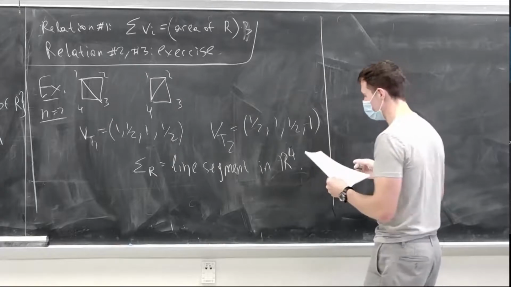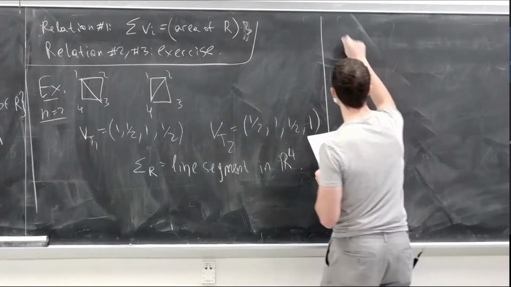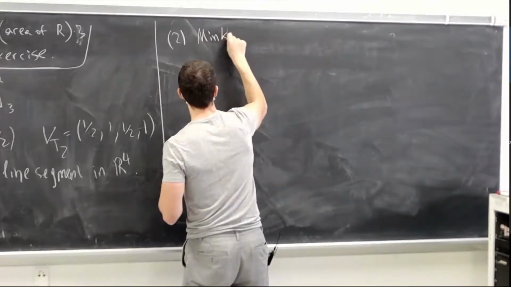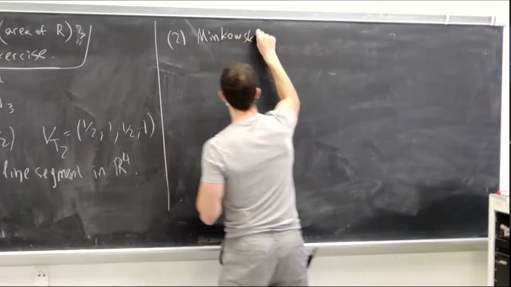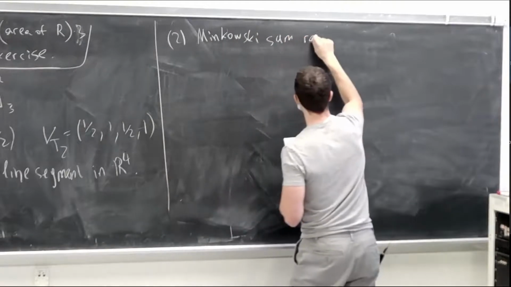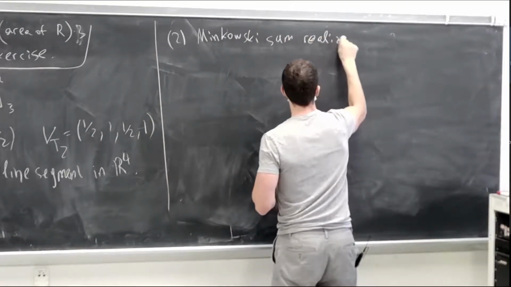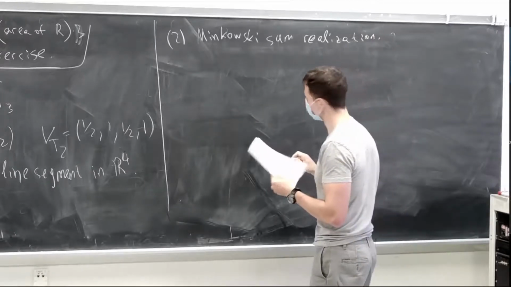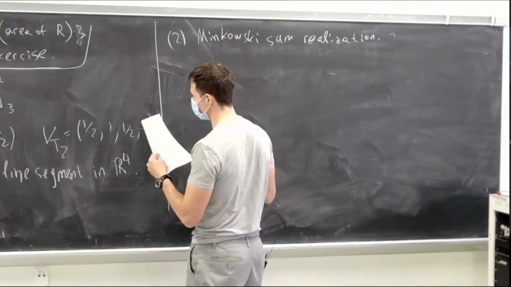So let me tell you, I have 5 minutes. Let me tell you another one, which is something we've seen before, Minkowski sum realization, which is very recent, actually 12 years ago.